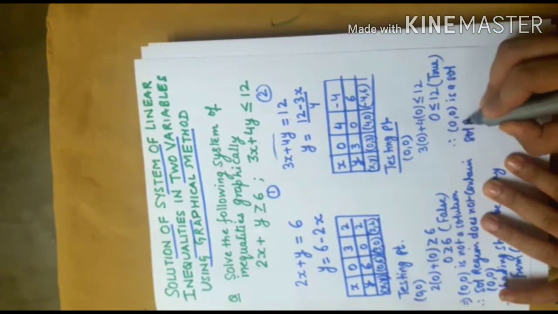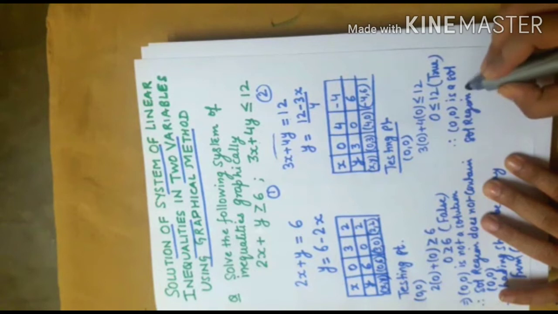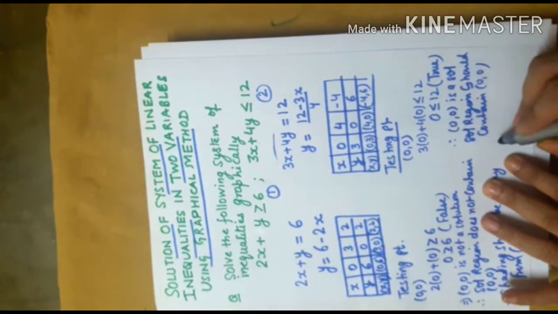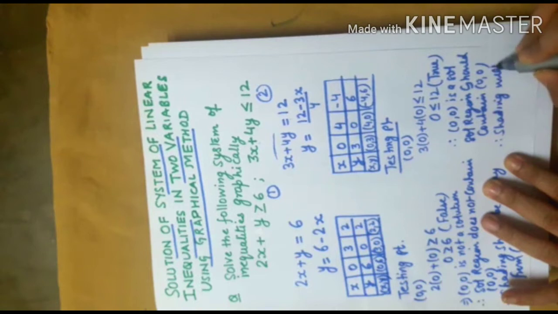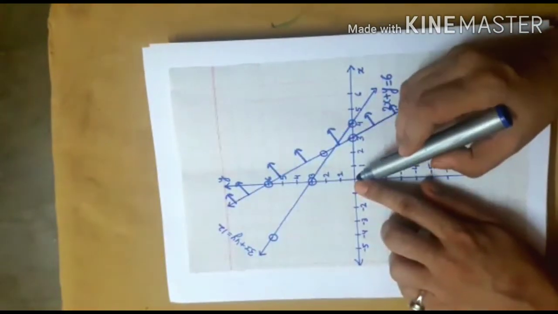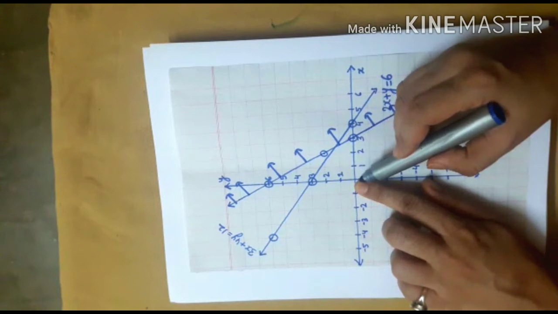So the solution region should contain 0, 0. Therefore shading will be towards 0, 0. Yes, 0, 0 is a solution.